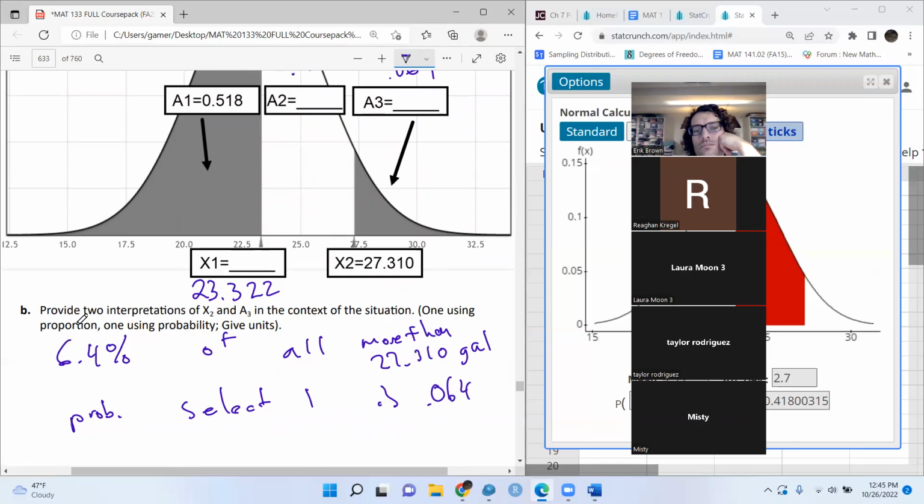I put the wrong numbers in. I did the area A1 instead of A3 and X2. Gotcha. No worries. As long as your interpretation of those was good, then you're fine, although you were supposed to use this one with this area. Because this is the area we're working with, we need the more than or greater than language. And this happens to be the area that's associated with this many gallons of water that they drink annually.